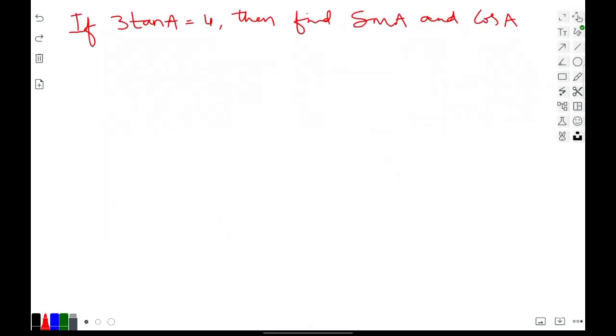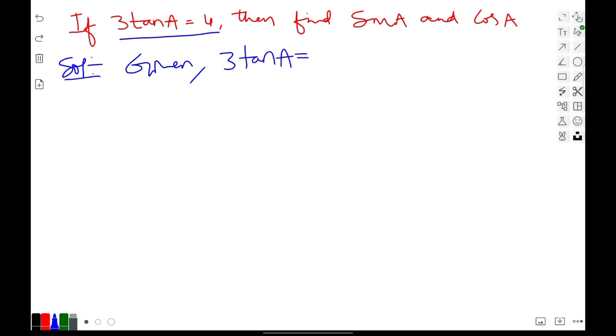They said that if 3 tan A equals 4, then find sin A and cos A. Alright, let's do the solution. Given that 3 tan A equals 4, can I write tan A equals 4 by 3?